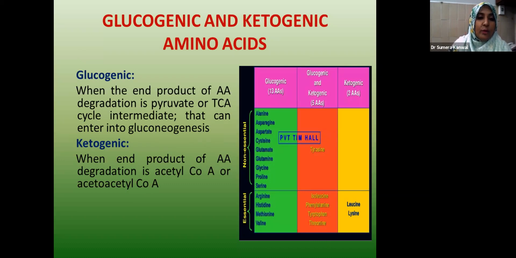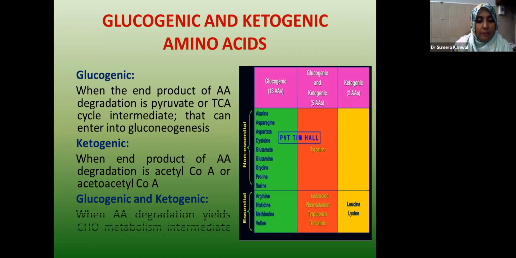And a few amino acids have a dual nature. They give 2 types of end products. The first is glucogenic, and the second could be acetyl-CoA or acetoacetate. So it is a glucogenic as well as ketogenic amino acid, when the amino acid degradation yields intermediates of carbohydrate metabolism as well as fatty acid metabolism.